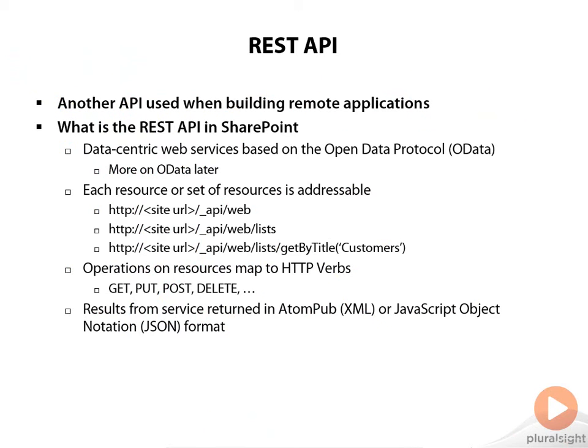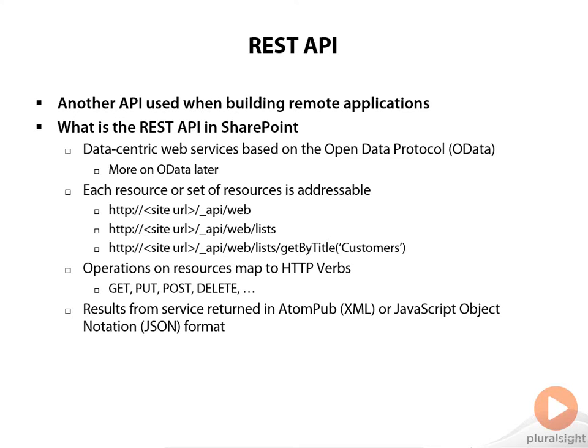Now, when we were using the browser, we were issuing GET requests to the server, which means we want to retrieve information. But we can also do the rest of the standard CRUD operations. All we need to do is change the type of request we send to the server. So if we want to delete a resource, we send a delete request. And if we want to add or update, we send a post. And if we want to retrieve, we send a GET.